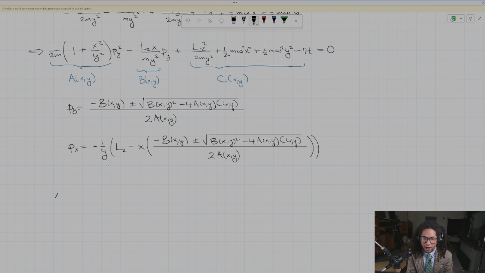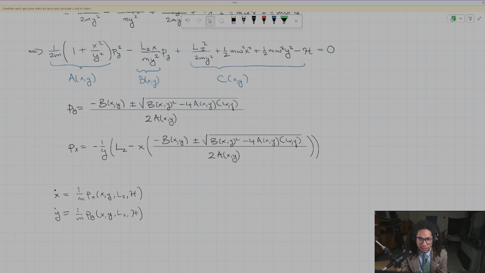Now I can rewrite my two Hamilton's equations simply using things that depend on x and y. 1 over m. So I'll just write here px of x, y, lz, h, and this one is 1 over m py of x, y, lz, h.